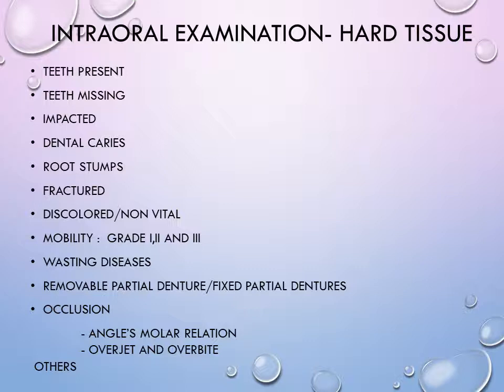And of course we do check the occlusion for orthodontic purposes primarily, to find out whether the patient requires orthodontic treatment, or whether the patient is suffering from traumatic occlusion, or it has to be recorded.